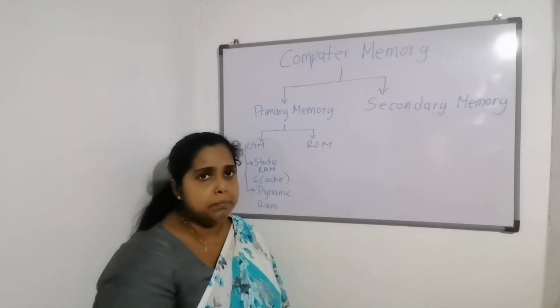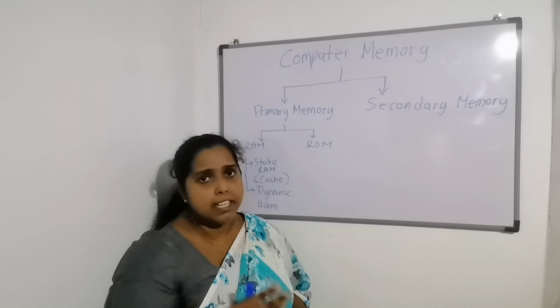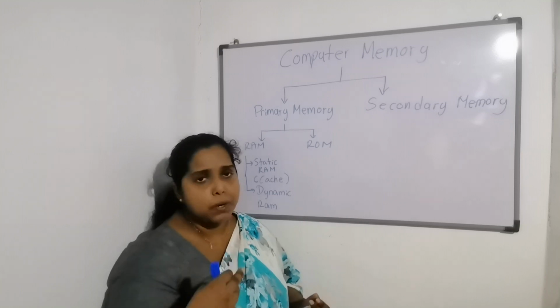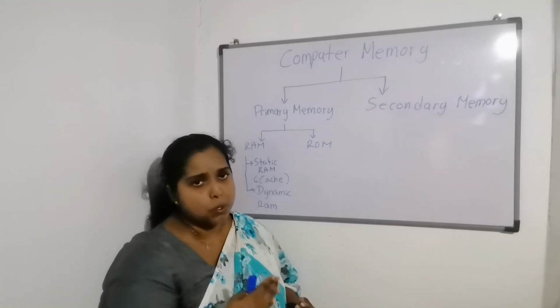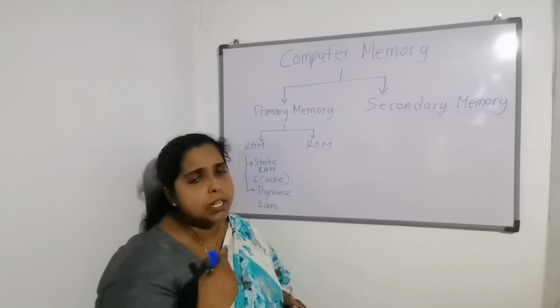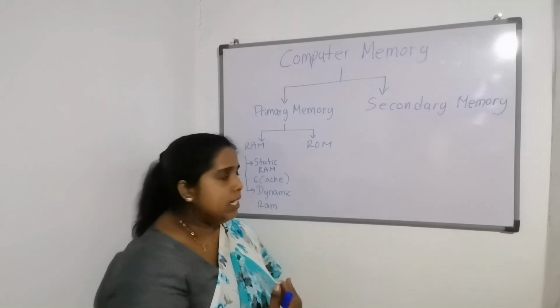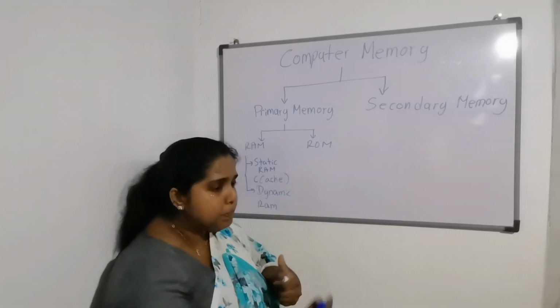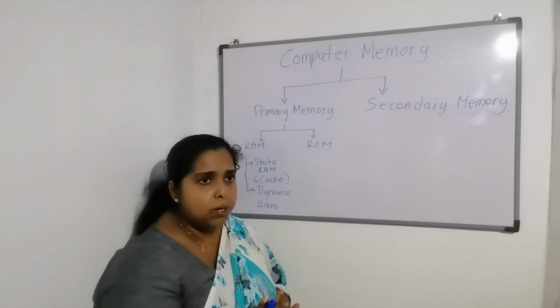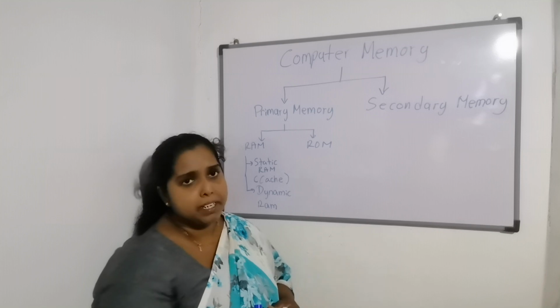In modern computers, we can see three cache memories, L1, L2, L3. Those are small, kilobyte and few megabyte size memories. Actually, static RAM, when powered up, is not going to release the memory until we shut down the computer.